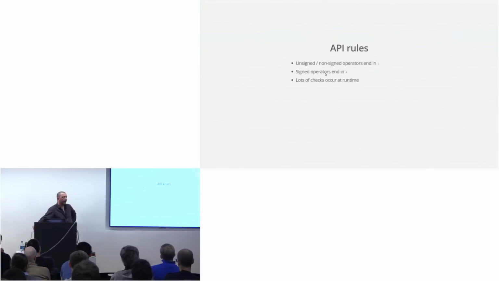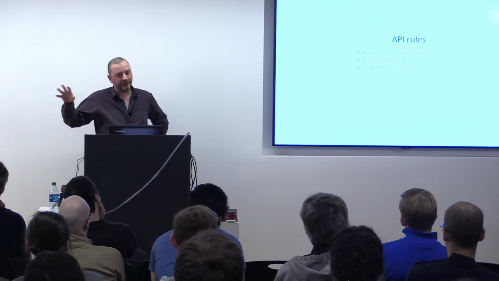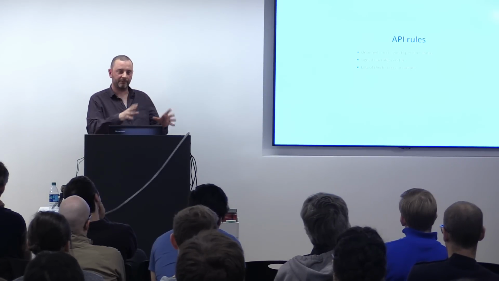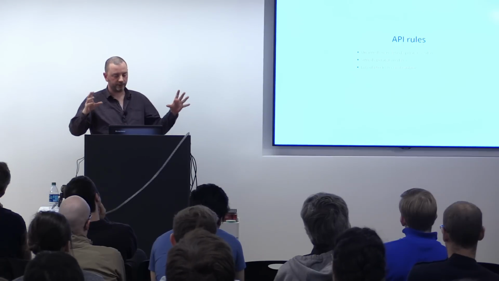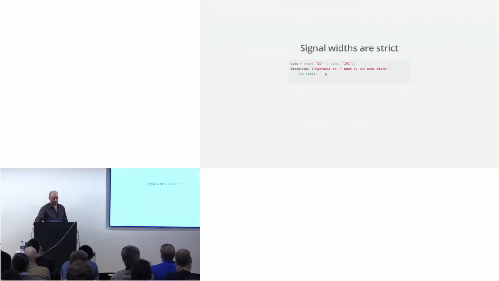That tends to mean there are quite a few checks that occur at runtime, although in hardware parlance, it's not like simulation time. It's at elaboration time, when the graph that describes the hardware is fully constructed. So we're quite strict about things like signal widths in the API. Here we're adding a 2-bit constant to a 3-bit constant, and it says no, can't do that.